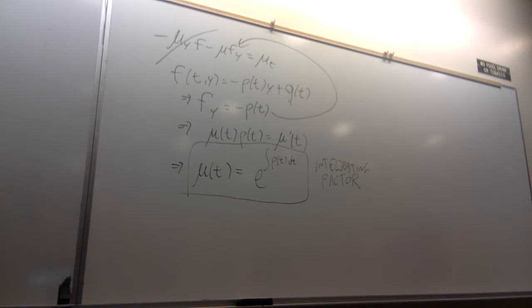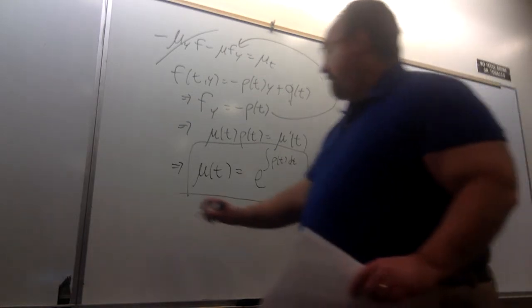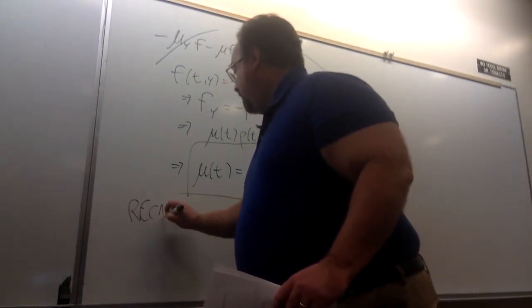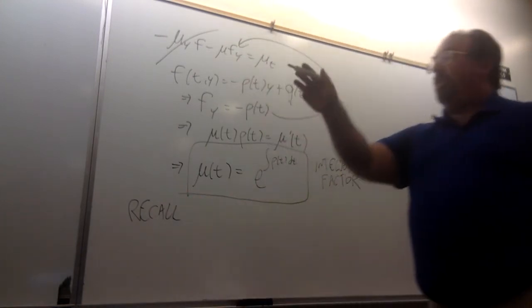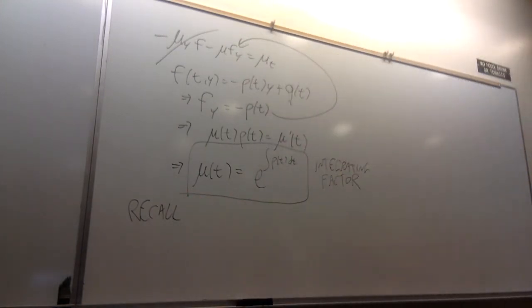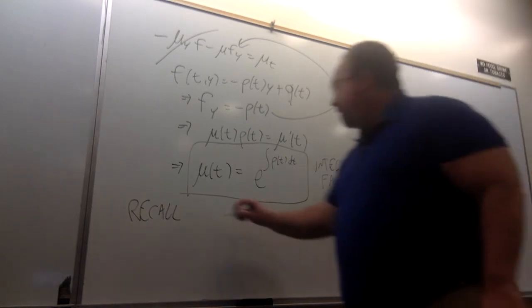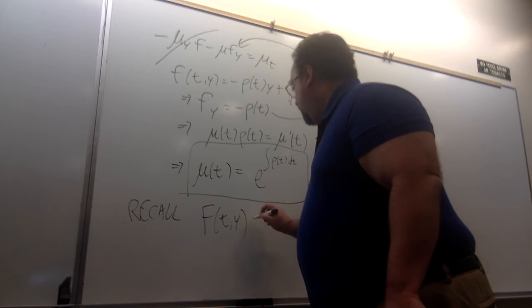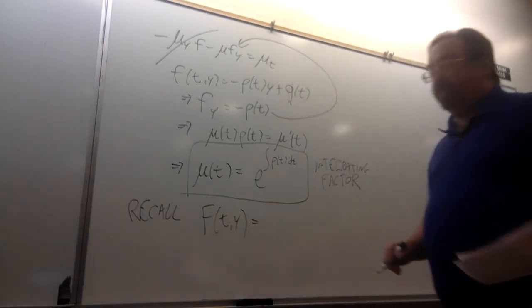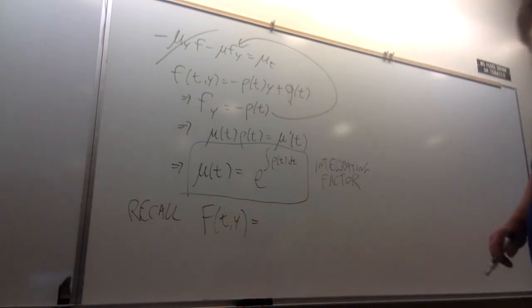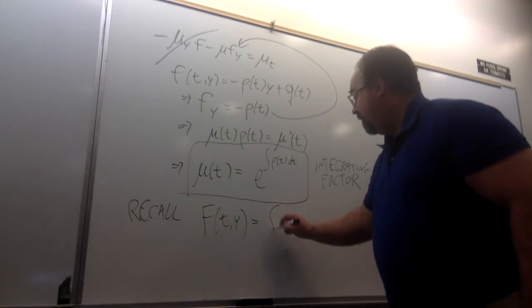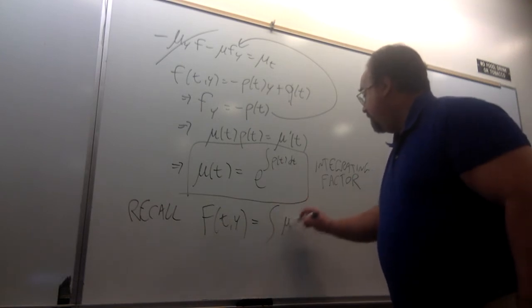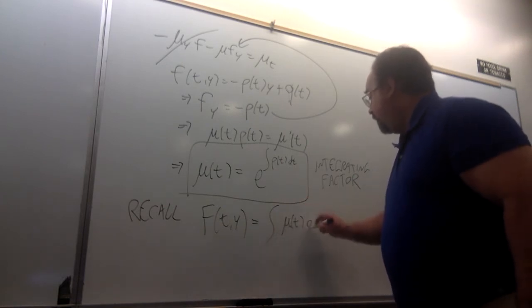So now we want our implicit solution, big F of t, y. So the function actually describes the solution. So that is just equal to the integral of mu with respect to y.